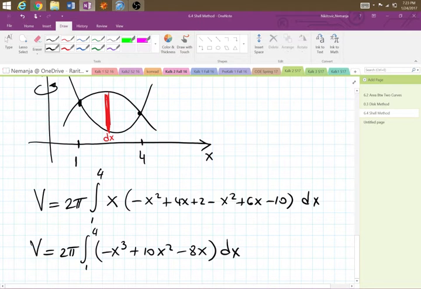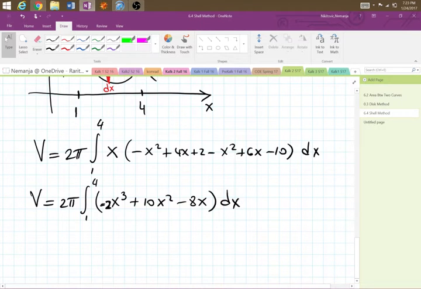Minus x squared and minus x squared is minus 2x squared, times x is minus 2x cubed. I had missed a 2 over here. There we go, minus 2x cubed. Awesome.